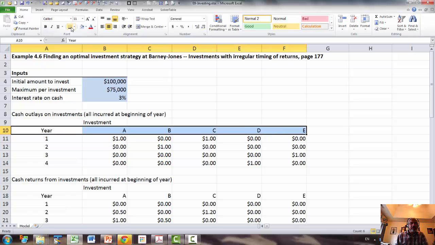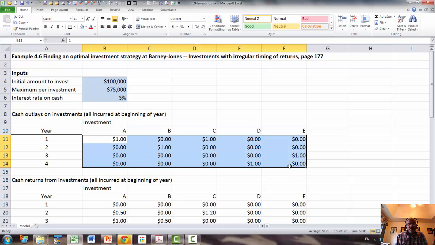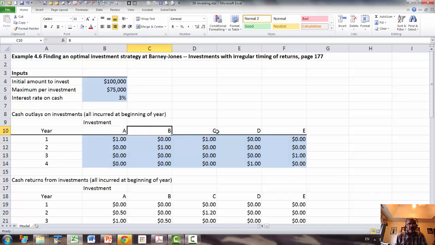And here we have the outlay, that is the cost, how much investment you should put into each of these portfolios. Okay, so here for A, our outlay is $1 in year 1.